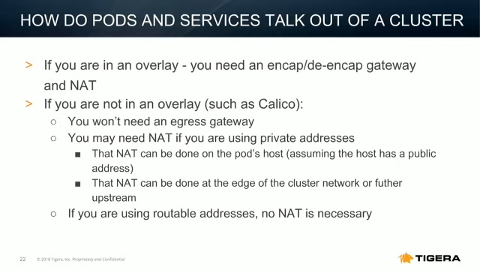Maybe you only want your DNS servers to talk to some higher level resolver like 8.8.8.8 or 1.1.1.1. So maybe you say only things labeled DNS server are allowed to connect on port 53 to 8.8.8.8. And then in Calico policy, if anything else tries to connect to 8.8.8.8 on port 53, it would be blocked.